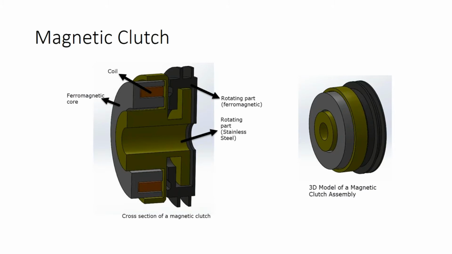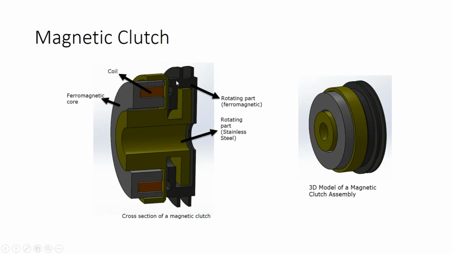So what really happens when the coil is energized? When you pass a DC current through this coil, a magnetic flux is induced because of this current, and this magnetic flux circulates in the ferromagnetic core that surrounds the coil. This flux goes through the air gap and is linked with the driver, which is non-rotating at the beginning.